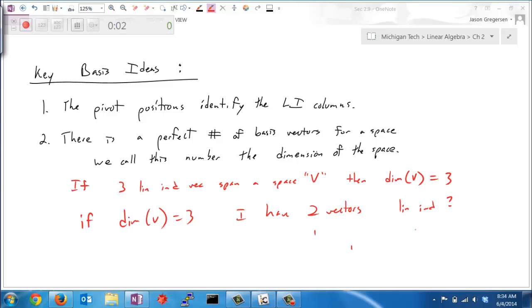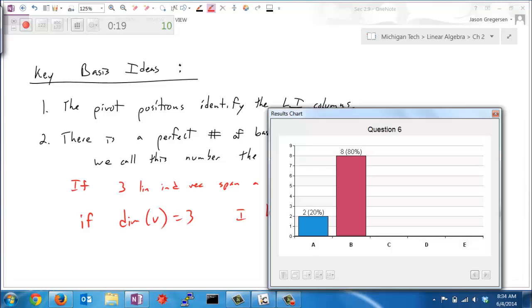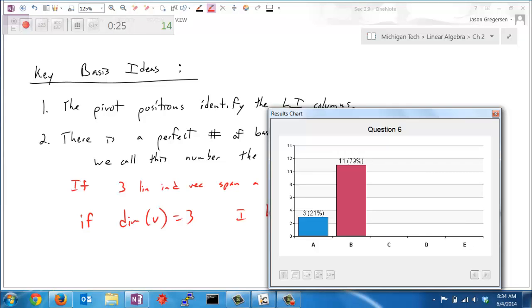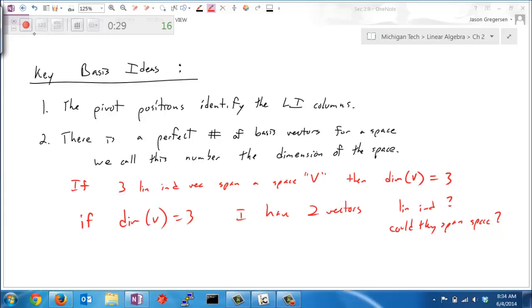Could they span the space? It's a little stronger result. No, they can't span the space. I need 3 to span the space. Okay.